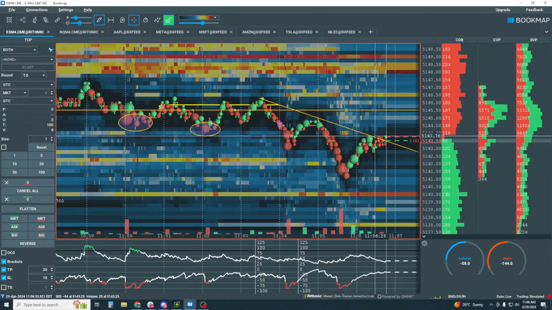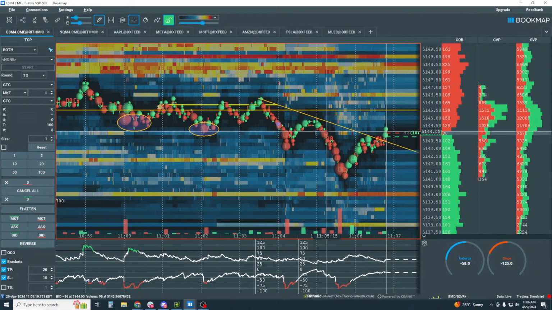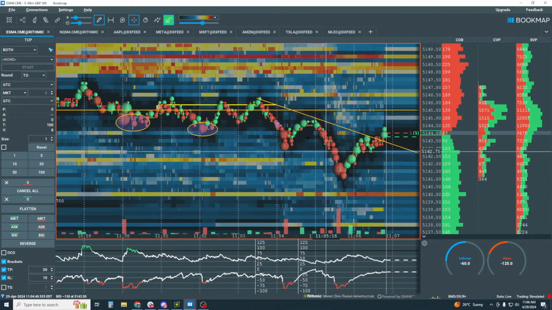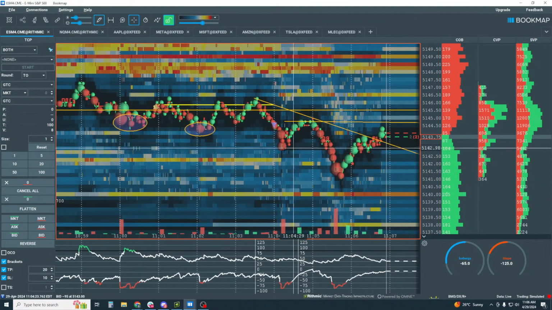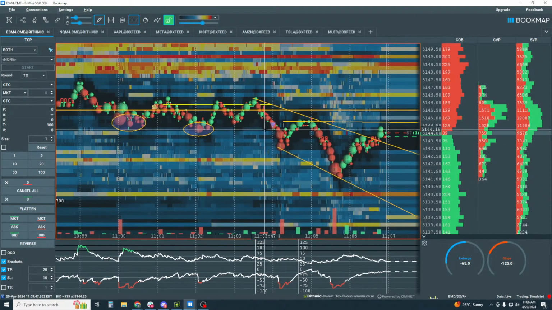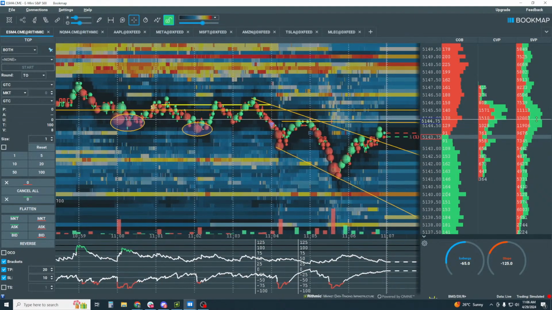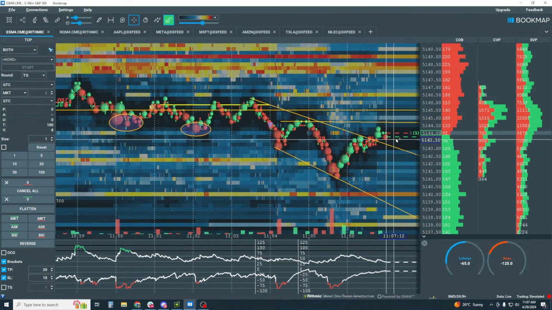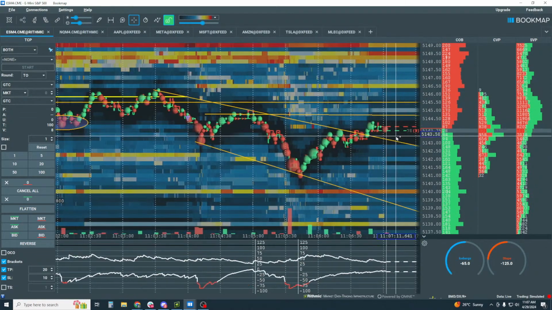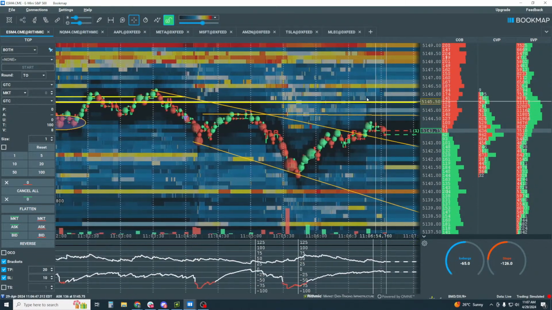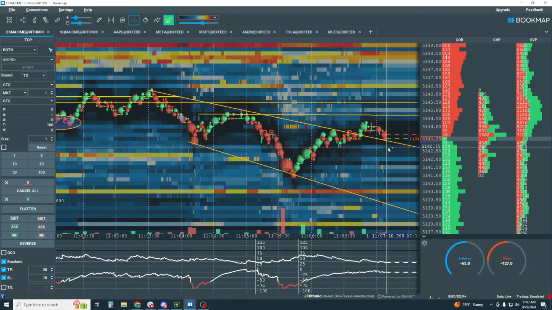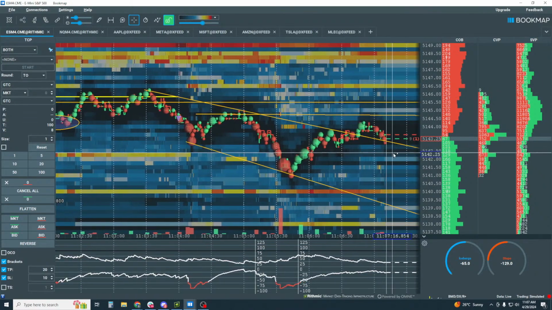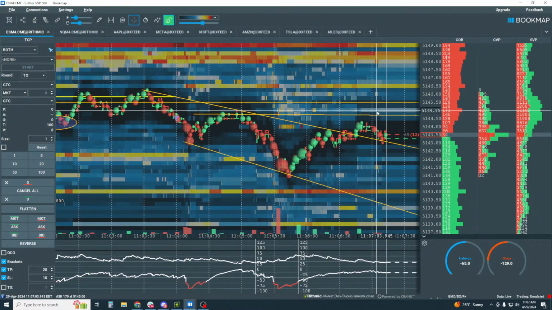Okay, so it's a pullback. Is it a low volume pullback? It's not bad. And we've got some technical levels in here, a swing and also a trend line here, or trend channel. Okay, we're back to the high volume node. Now we're looking for sellers. And what is the order flow telling us?